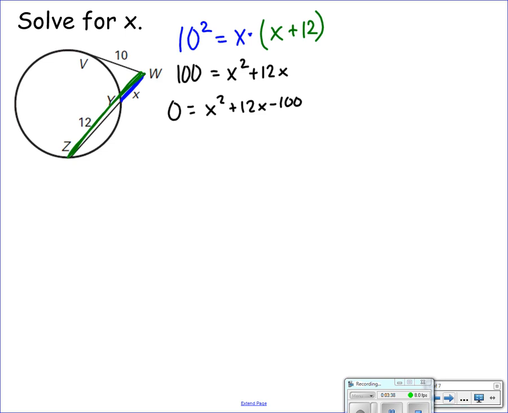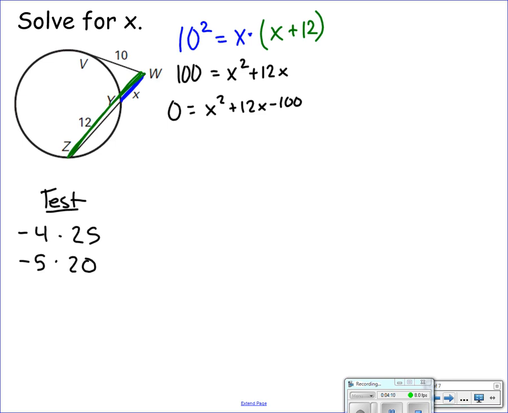Now you always first go with factoring. So the first thing that I do is I'm going to start testing some values, two numbers that are going to multiply to be 100, but add to be positive 12. 4 and 25. The larger one has to be positive, so negative 4, that's not going to work. 20 times 5, the larger one has to be positive.